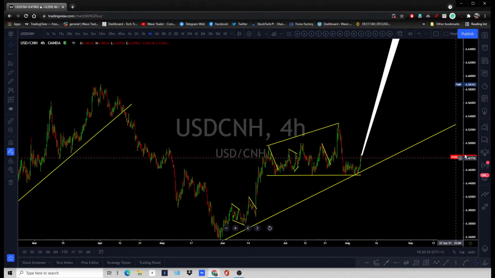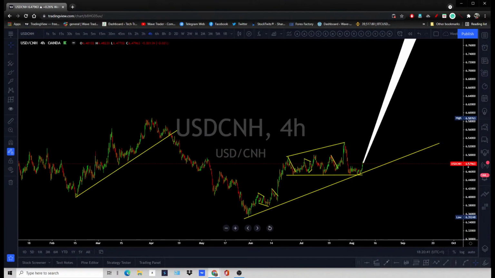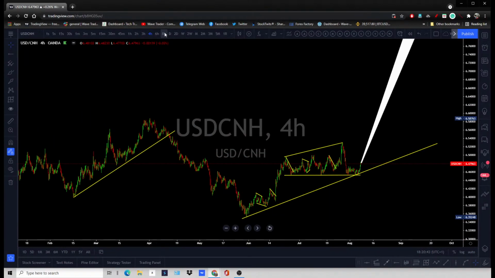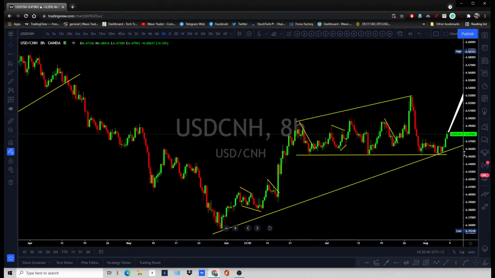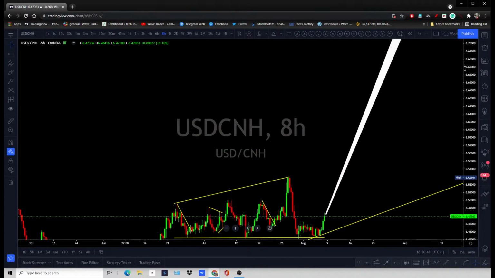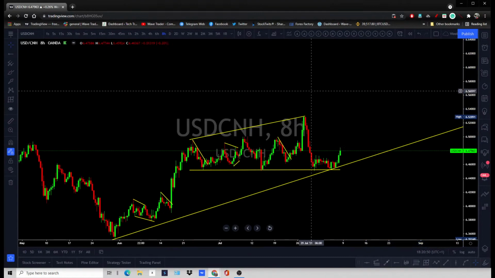So it's a simple short-to-medium-term and longer-term buy opportunity. It's a clear chart, and the dollar is holding that expanding triangle formation.